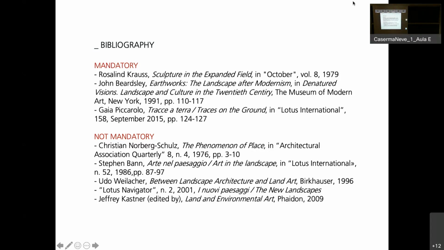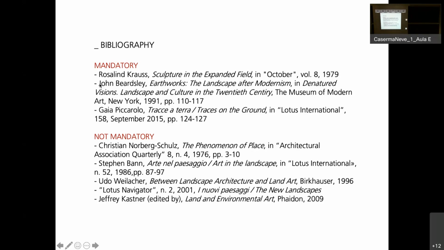About the bibliography, I want to show you what I ask you to read that I consider mandatory: these three things. My article is really short. It's like 2 pages, Italian and English, so 1 page actually. You can consider it a very compressed synthesis of this lecture.